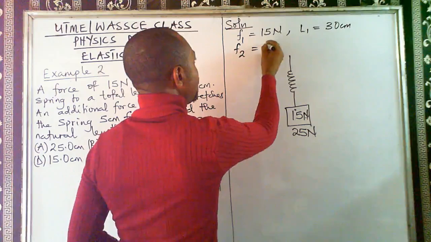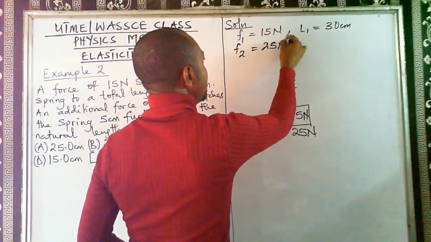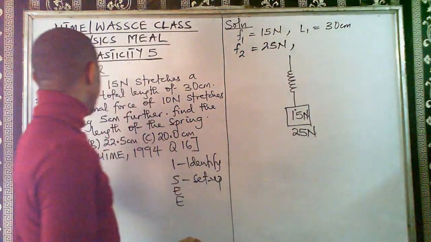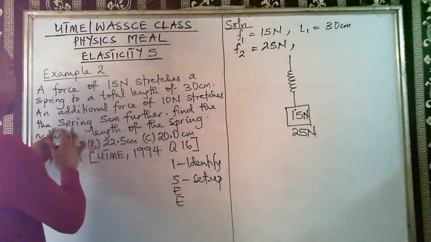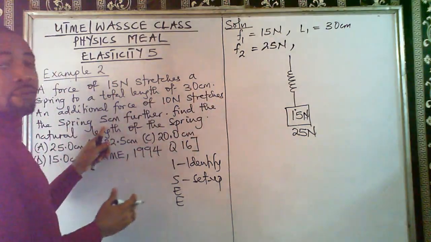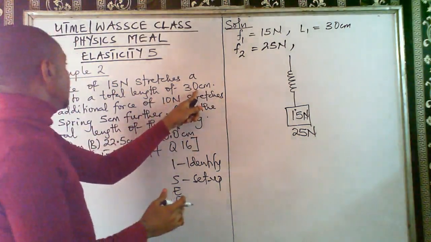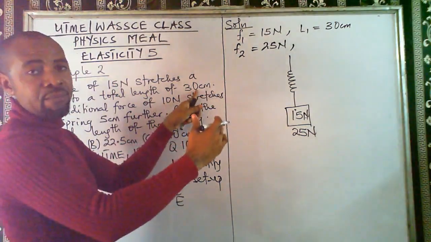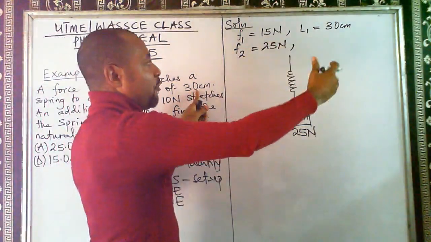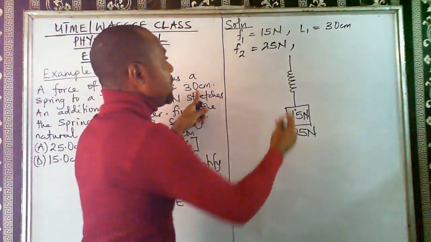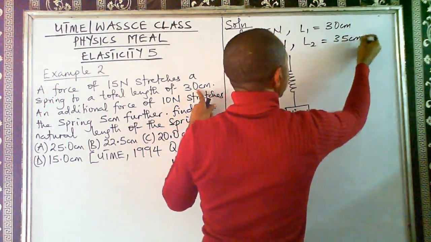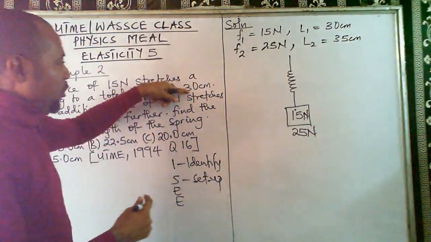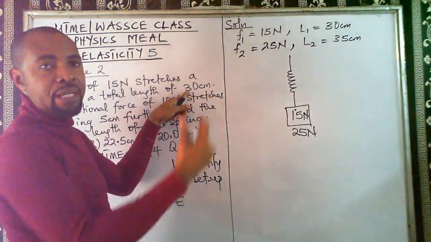So the new force now is 25 newton, and it produced an extension. It stretches the spring 5 cm further. Remember this, the spring already is 30 cm. If he stretched it 5 cm further, it means that the new length will now be what? 35 cm, because the first force gave us a 30 cm length.